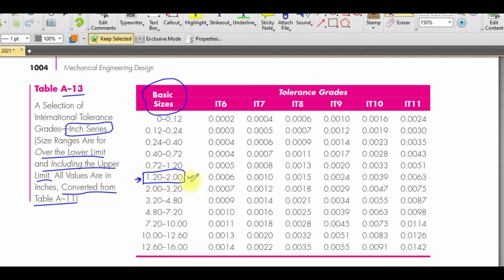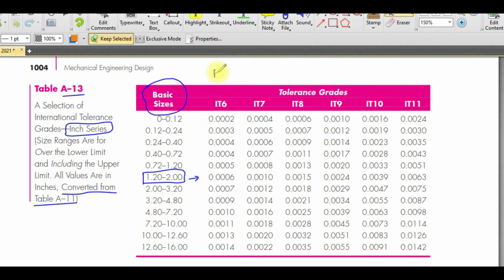So we are going to use this row if we have the basic size equal to 2 inches. If our basic size were greater than 2 inches, then we would use this row. So anyhow, in this problem we have 2 inches, so we will remain in this row.